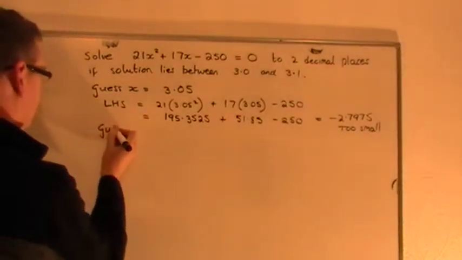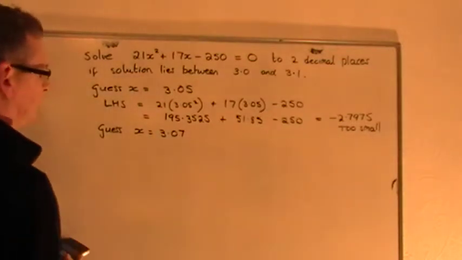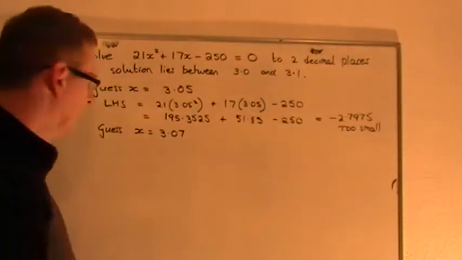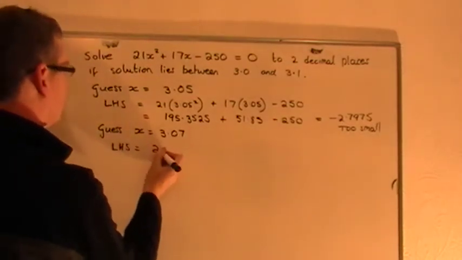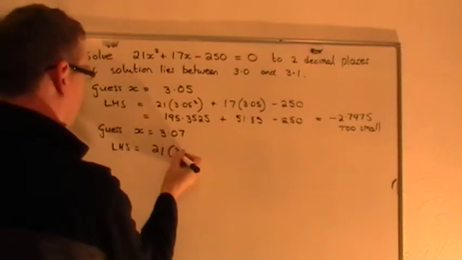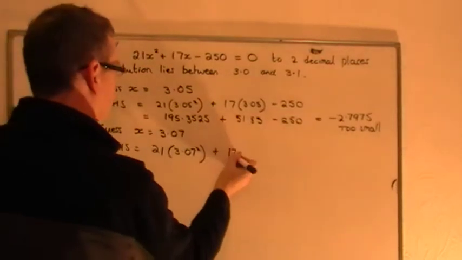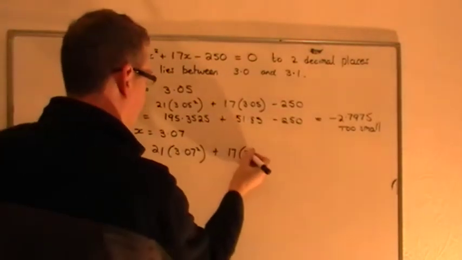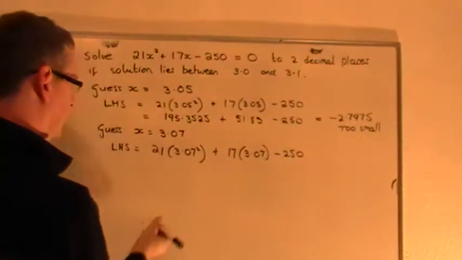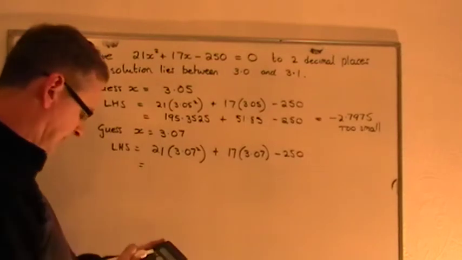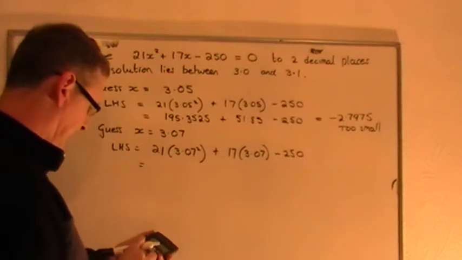Okay, so I'm going to make a better guess. X equals 3.07. I'm going to try. Okay, so left hand side will be 21 lots of 3.07 squared, plus 17 lots of 3.07, and then take away 250. Okay, in stages, let's work it out. 3.07 squared equals, times by 21 afterwards.